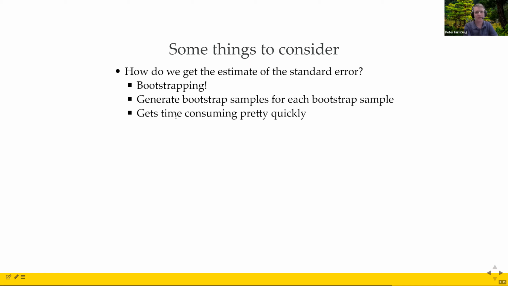The question is, why is it better? I already hinted at it a little bit, and why is it that much better that we are willing to go through all this trouble?